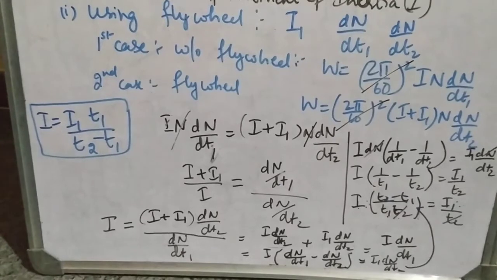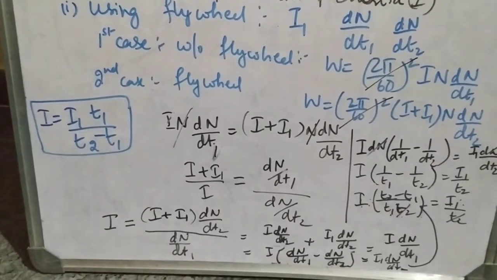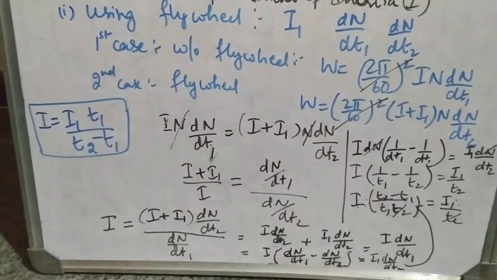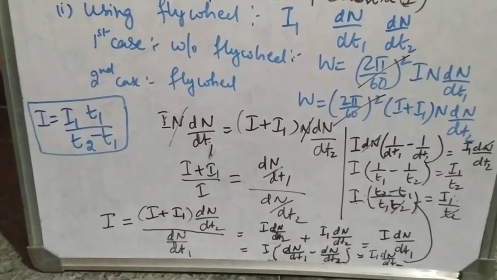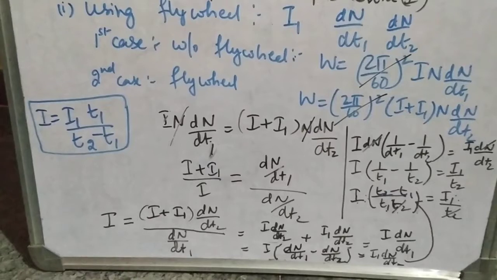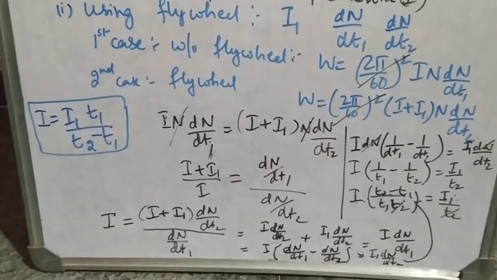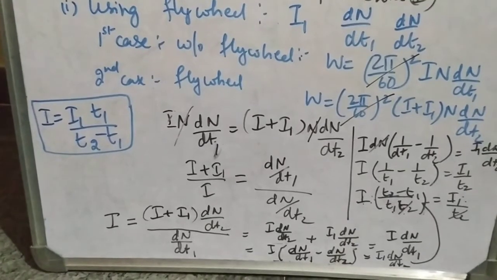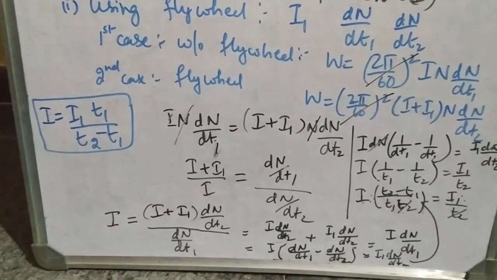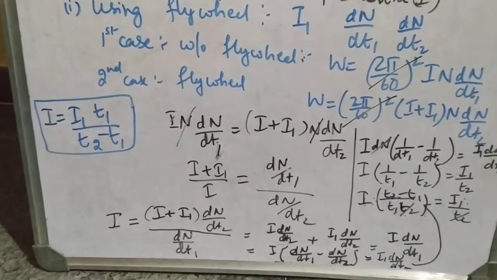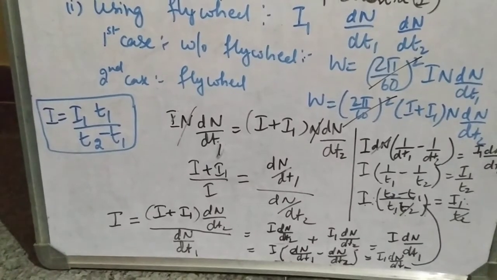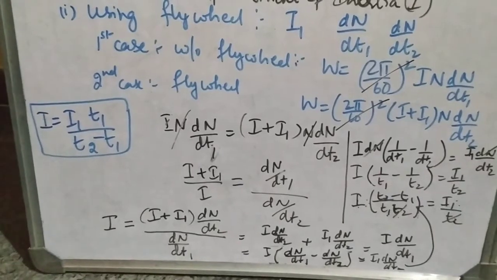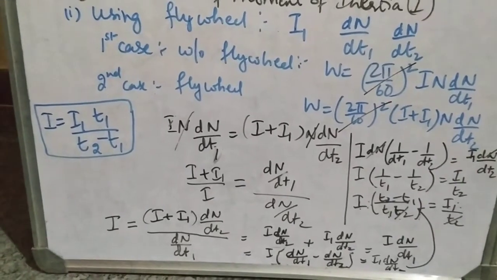There also we take up the time consumed: let T1 be the time taken when the armature is considered alone, and let T2 be the time when the armature is connected across the load resistance. Let V be the average voltage across R and IA the average current, and W dash the additional retarding torque supplied by the motor.